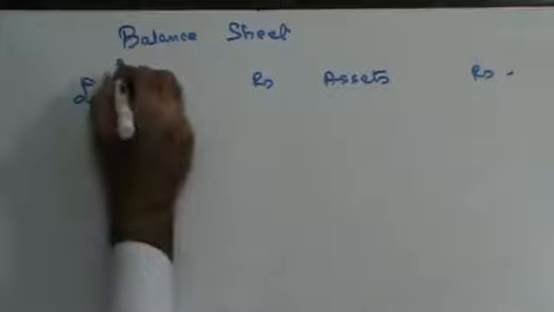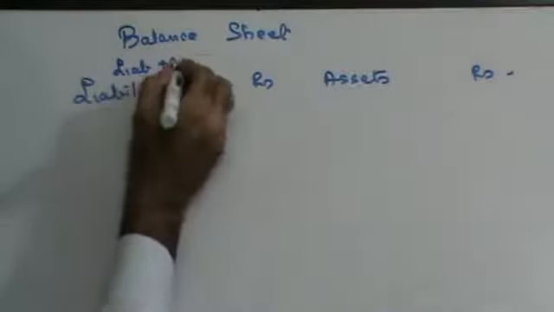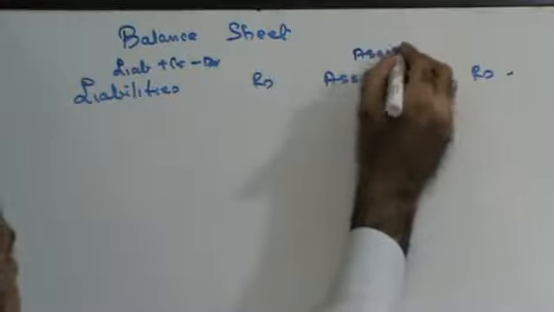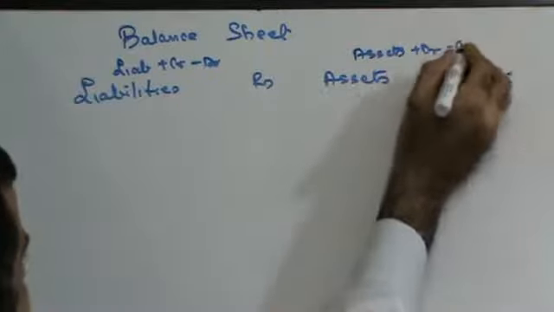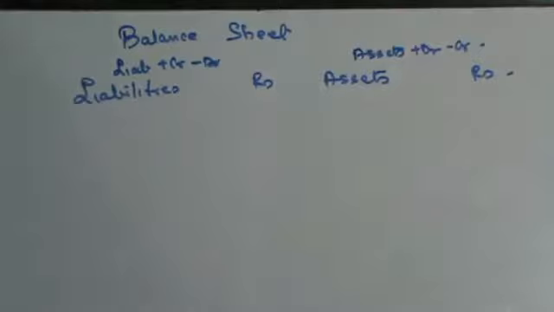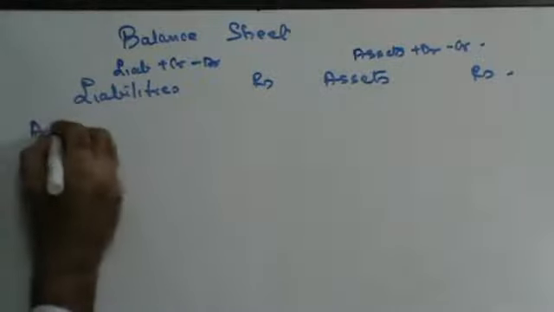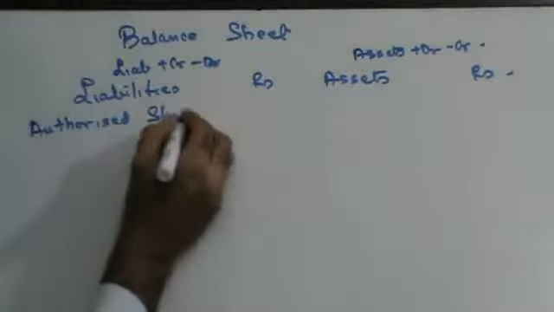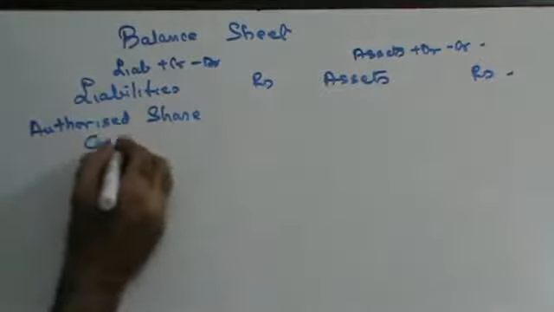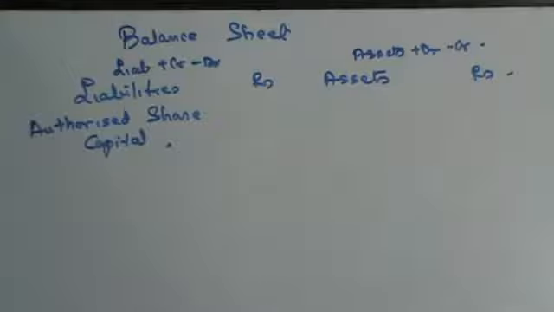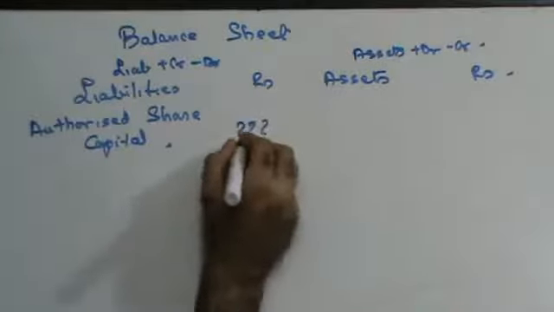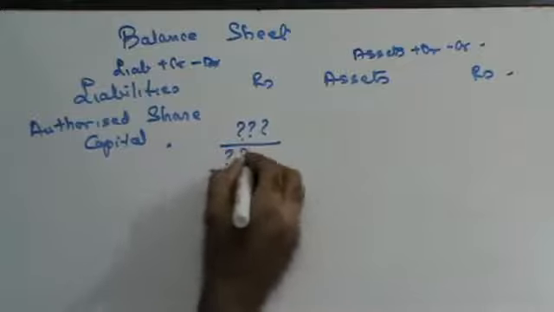Liability, add credit, subtract debit; assets, add debit, subtract credit. You have to make balance sheet in the format. So first you will have authorized share capital. Have they given you authorized share capital? No, it's not given to you. You could put a question mark and tally it off.